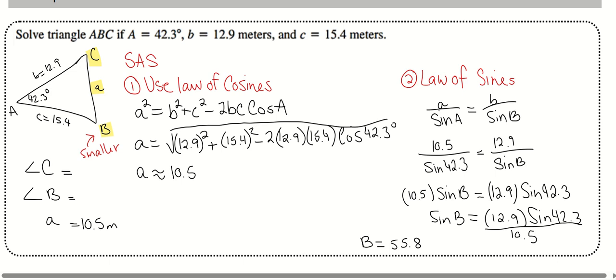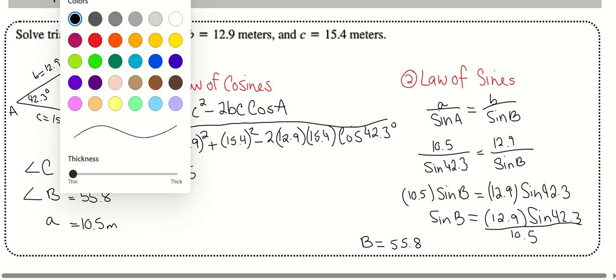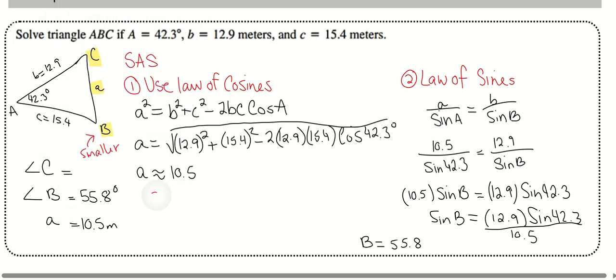So now that we have the two angles, angle A that was given to us and angle B that's 55.8, we can finish the triangle by now using the sum of angles formula. Which I'm going to sort of skip through the entire step.